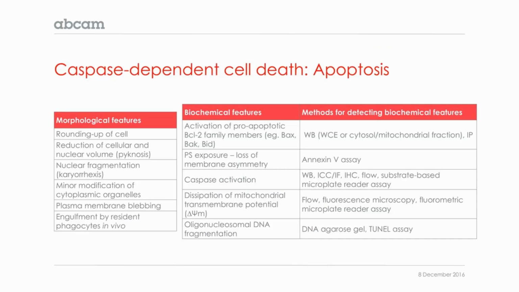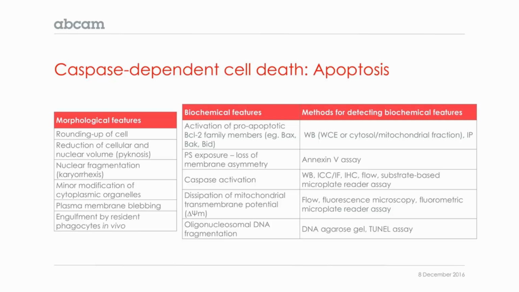So what defines apoptosis? Historically, apoptosis has been defined by its morphological features, which include rounding up of the cell, nuclear fragmentation, or plasma membrane blebbing.